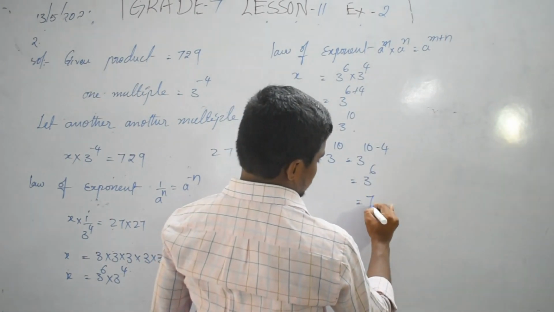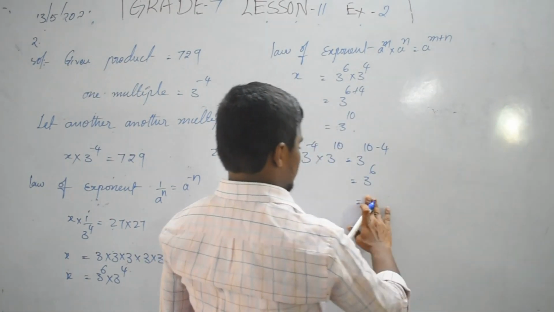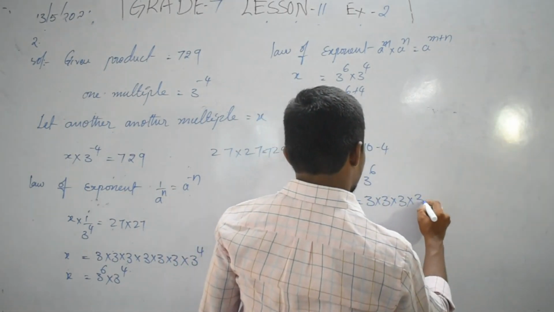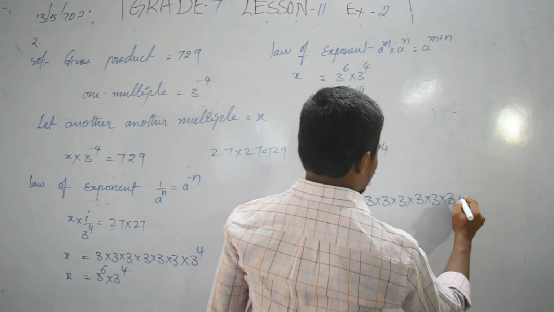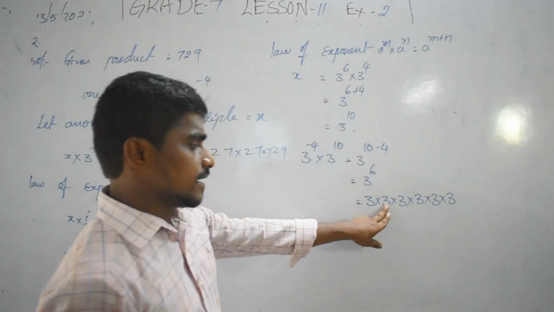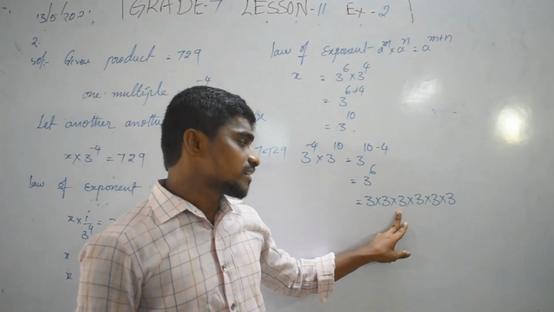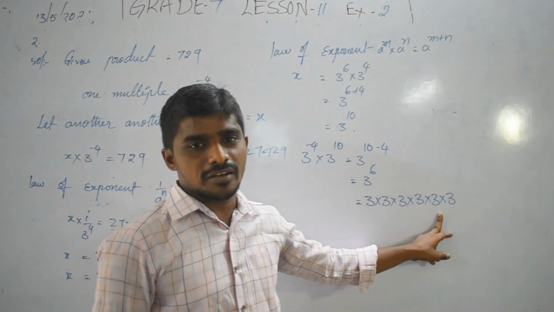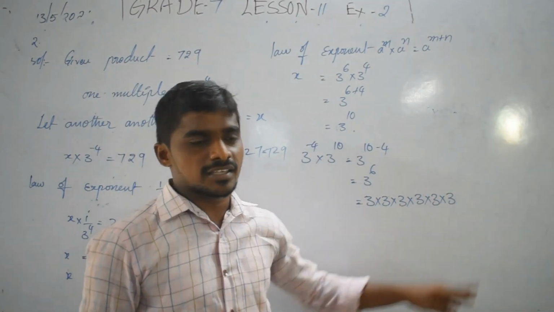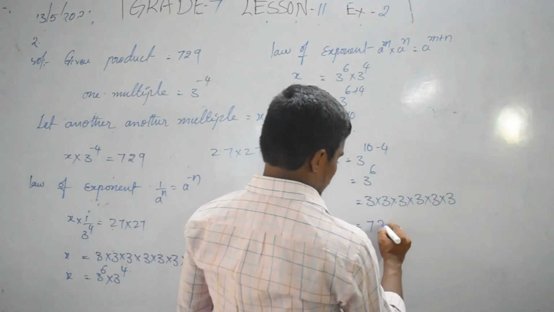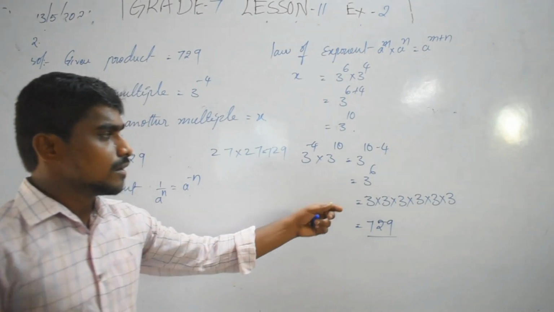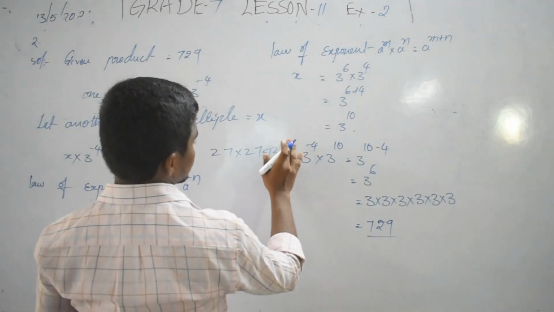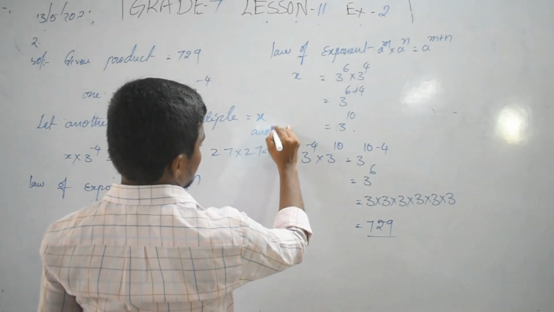The value of 3 power 6 is 729. Writing 3 power 6 as 3 multiplied six times: 3 threes are 9, 9 threes are 27, 27 threes are 81, 81 threes are 243, 243 threes are 729. So the other number is 3 power 10, the other multiple.